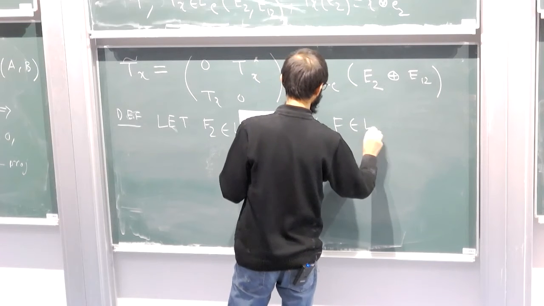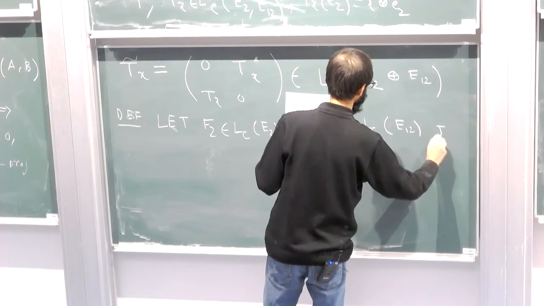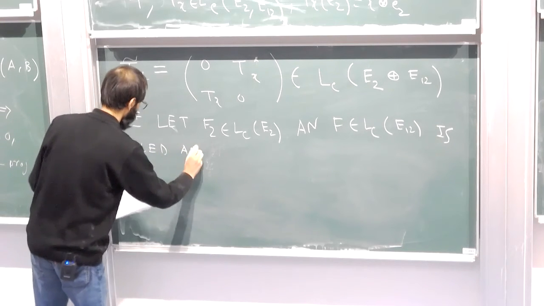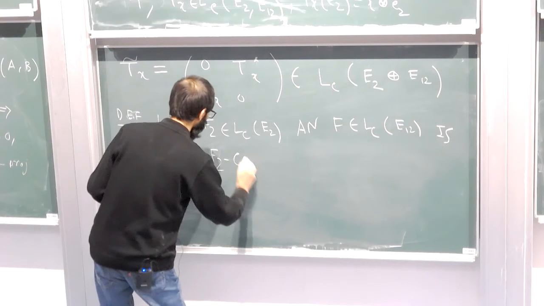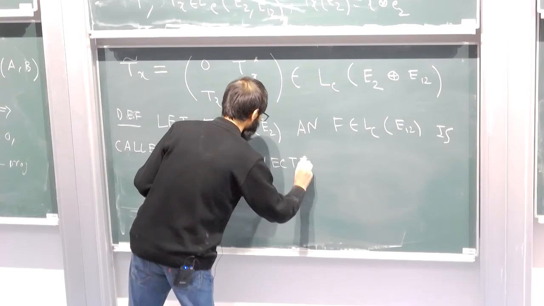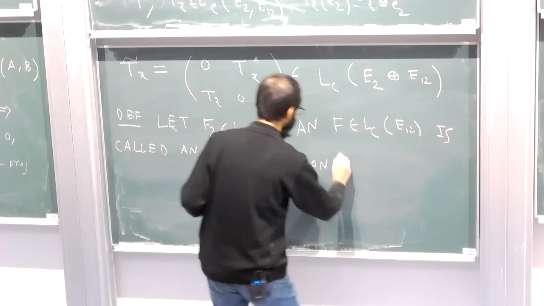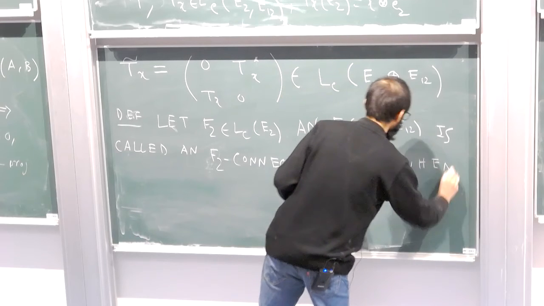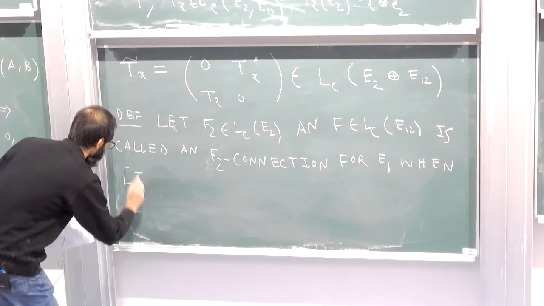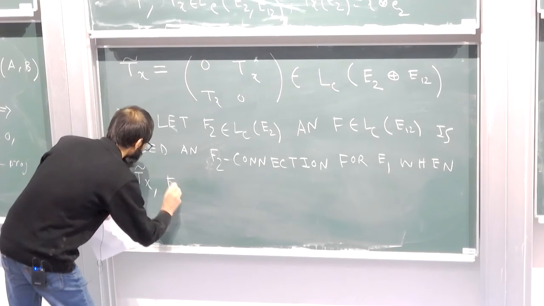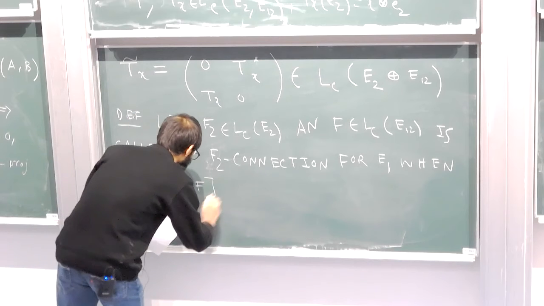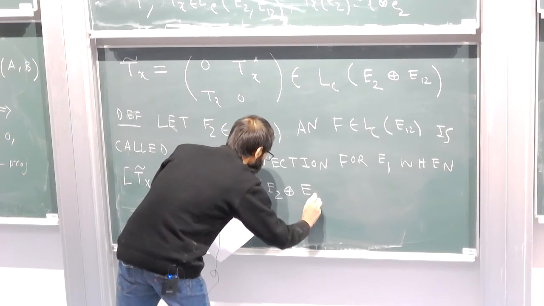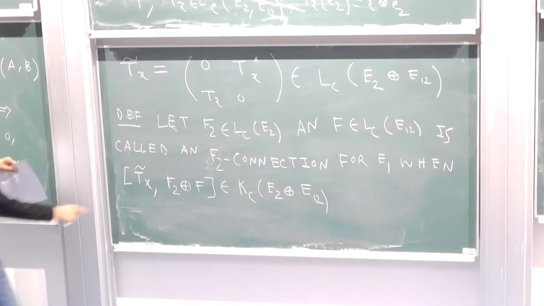And F in LC of E1 2 is called an F2 connection for E1 when this graded commutator is small.